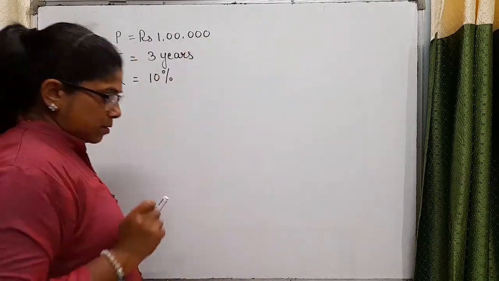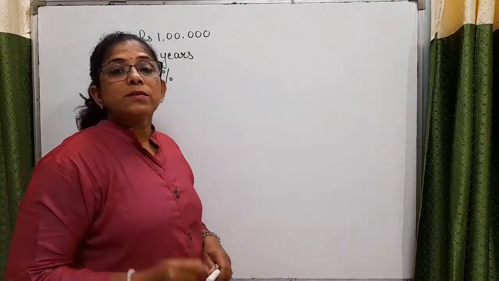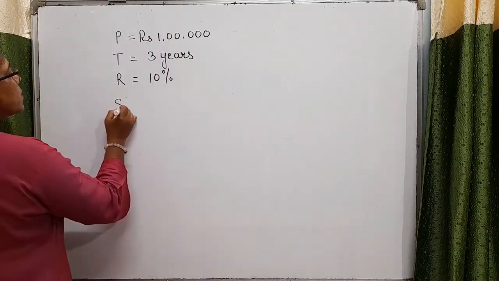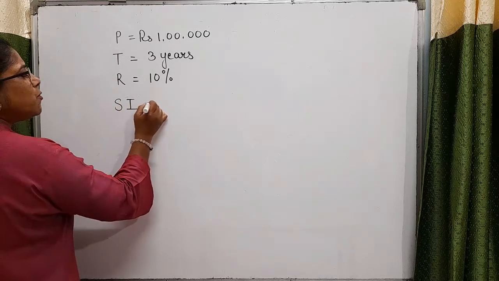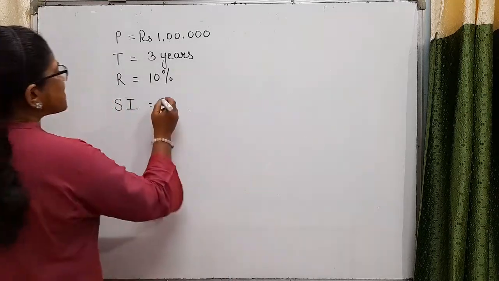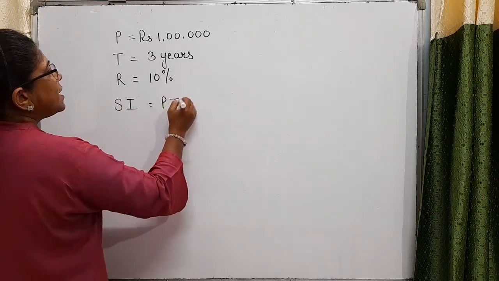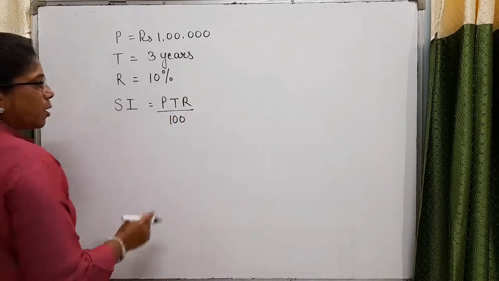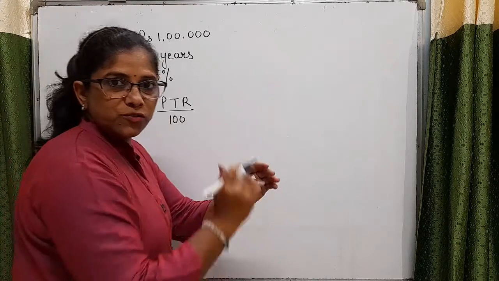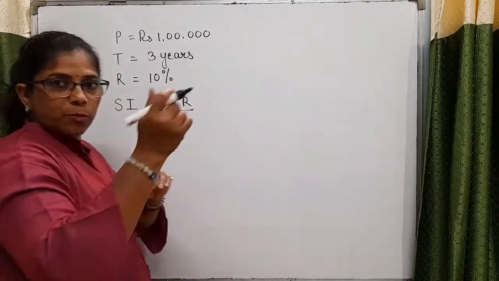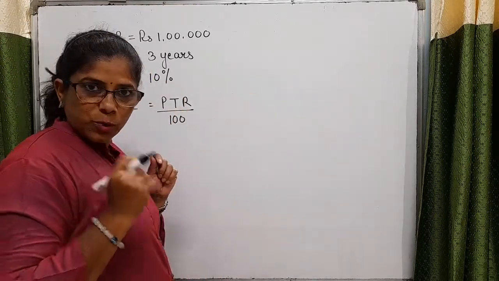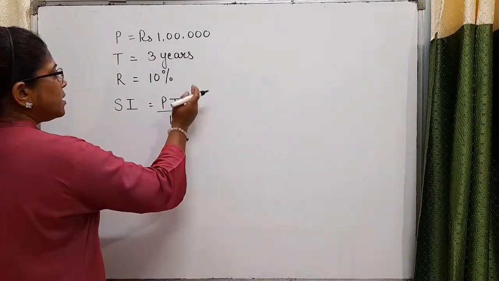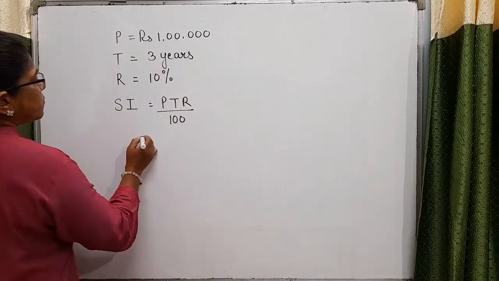Now the first simple method to calculate interest is simple interest. And we have one simple formula to find simple interest, that is PTR upon 100. P is the principal amount, the amount which we have borrowed. T is the number of years, for how many years we are going to borrow that amount, meaning within what period we are going to return it, and R is the rate of interest.